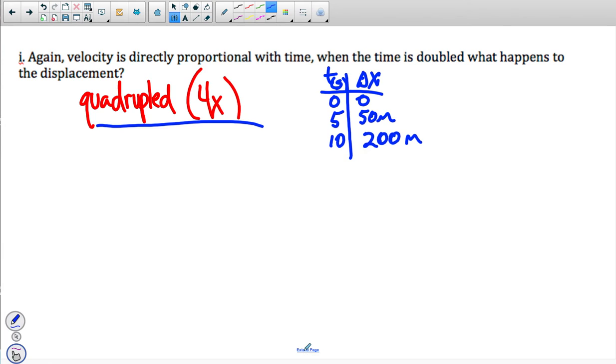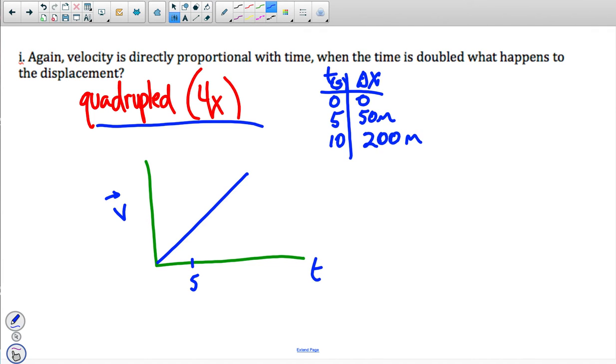Let's take a look at a velocity versus time graph. The graph we sketched earlier has a portion of this graph on it. At 5 seconds, the velocity was 20 meters per second. When we double the clock reading to 10, the corresponding velocity doubled to 40. But the displacement is the area under the curve.